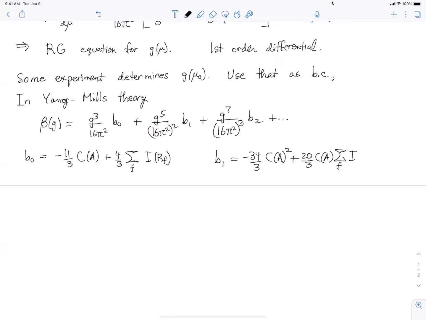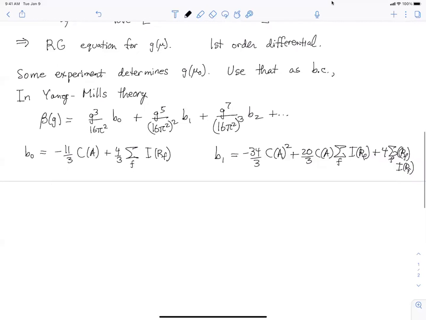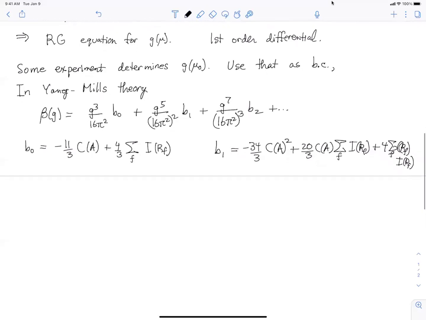Okay, so there's some group theory stuff that goes into this, plus 4 times the sum over the Casimir, I'm running out of space here, times the index. Okay, and then you can look up what b2 and b3 and b4 are. So that's if you're really interested in calculating the beta function to very high accuracy, which some people are.